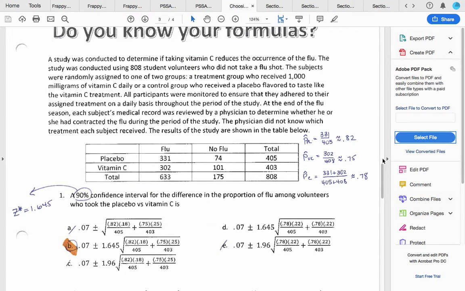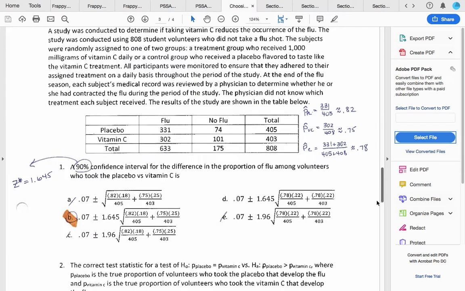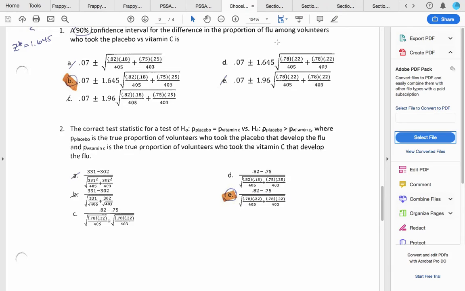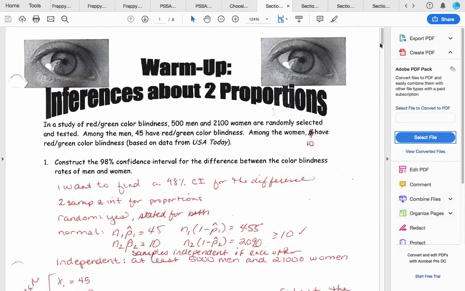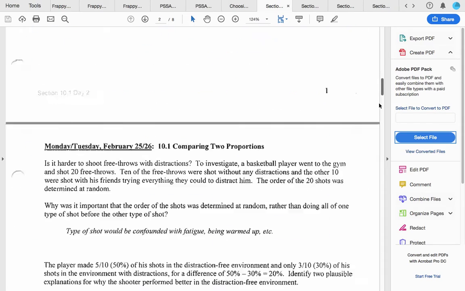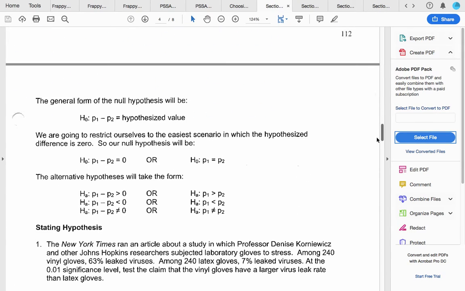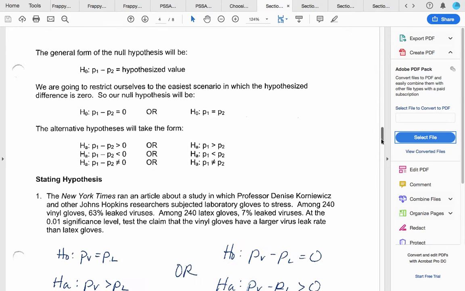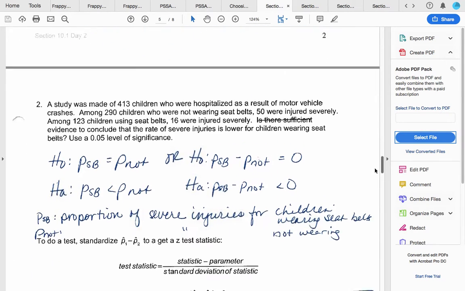Now the next one is doing a significance test, but with the same data. Here's the problem with the significance test. If you recall from the notes, you make a statement in the null hypothesis, because we're always assuming the difference is 0, so we're making a statement that the two proportions are equal.